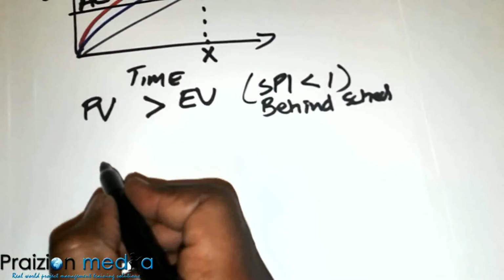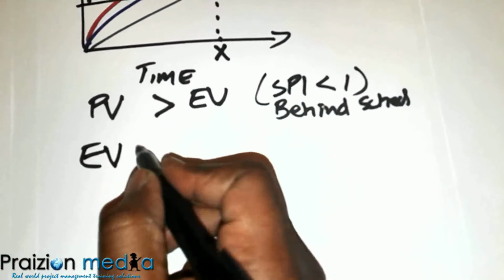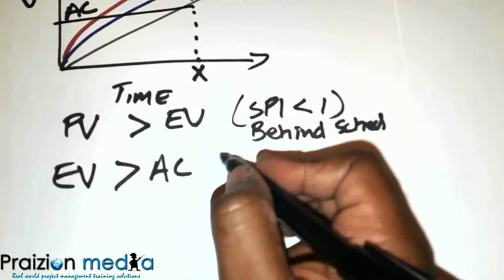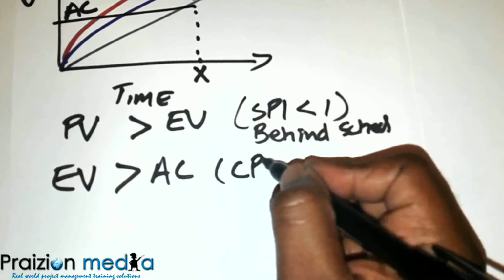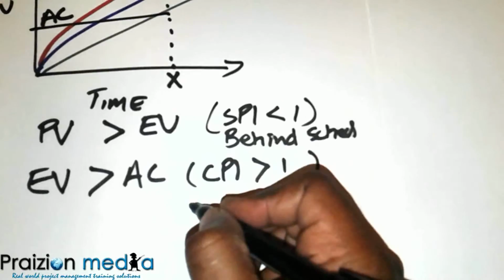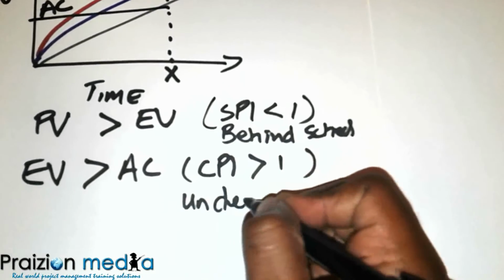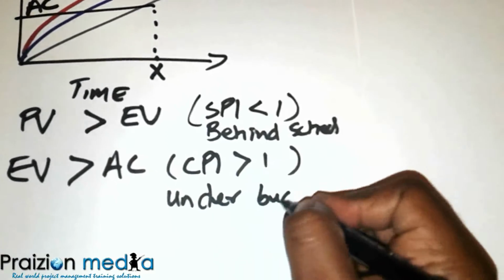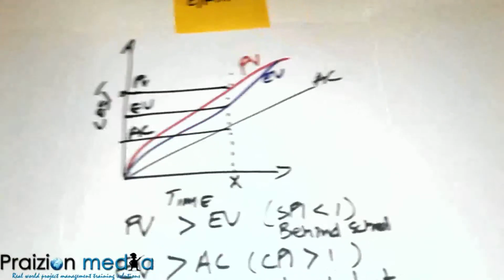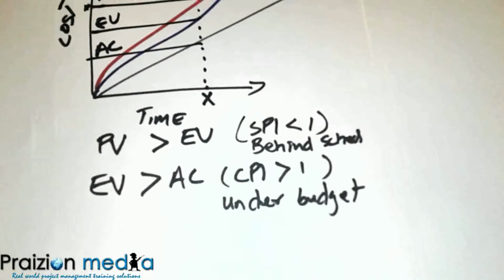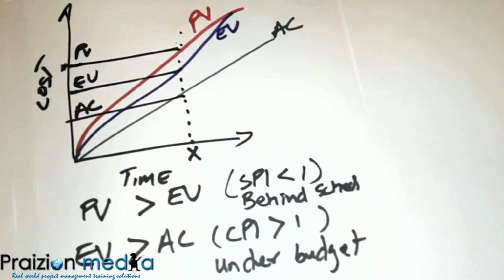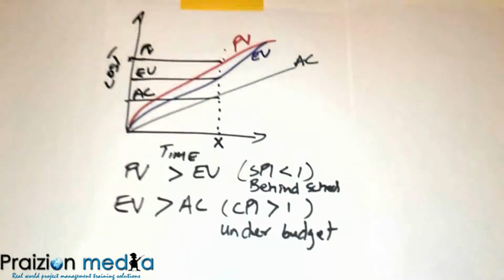My earned value is greater than actual cost, and that means my CPI is greater than 1, and that means I am under budget. It's common sense. We've got a scenario here that is not very good in terms of schedule, but in terms of cost, we're under budget.